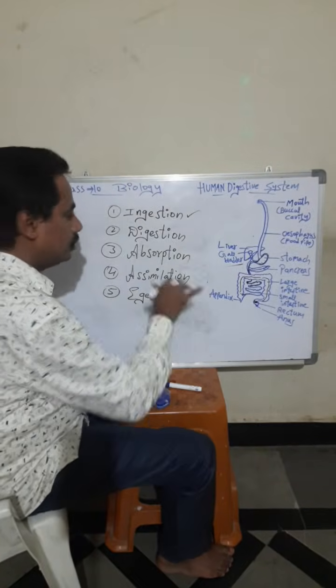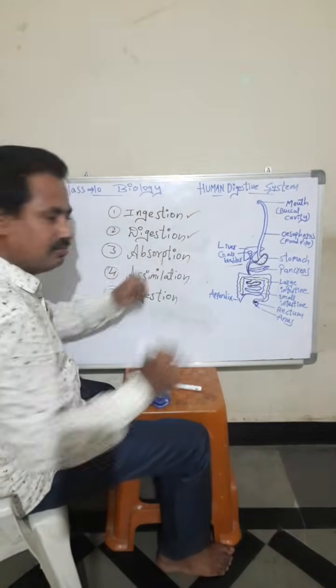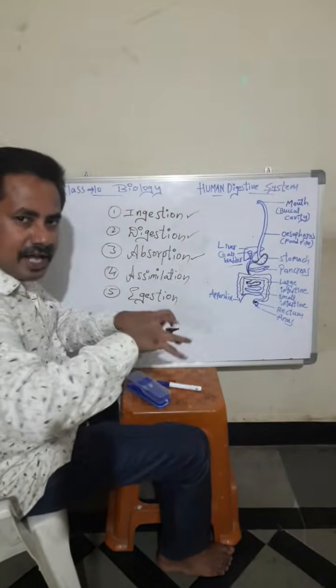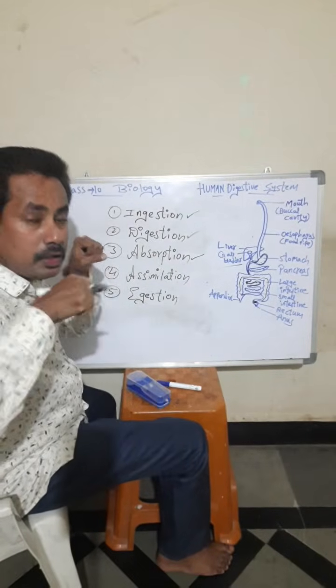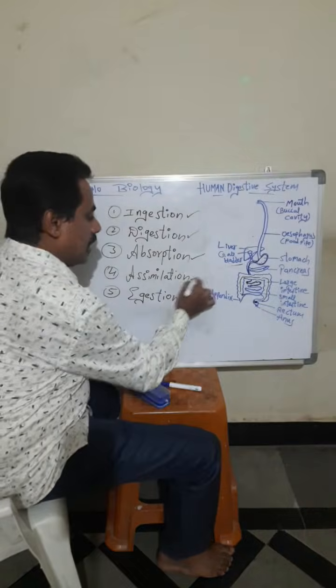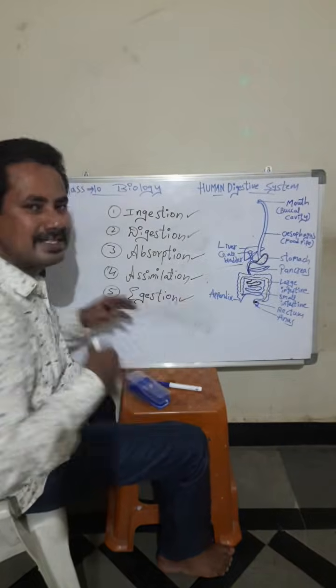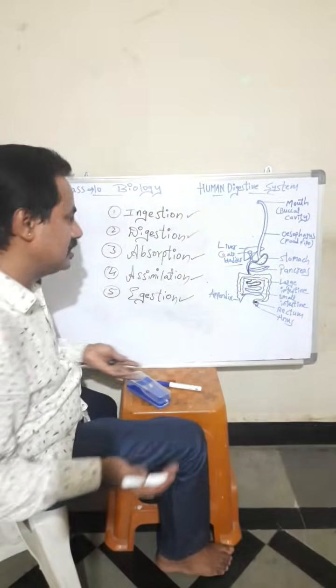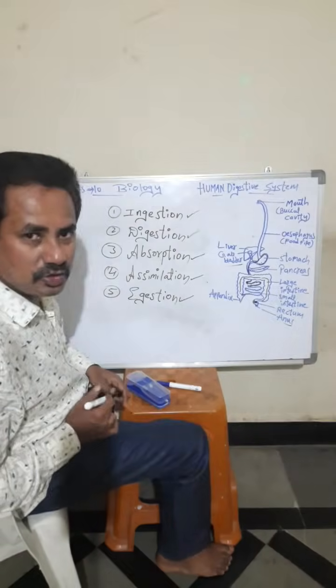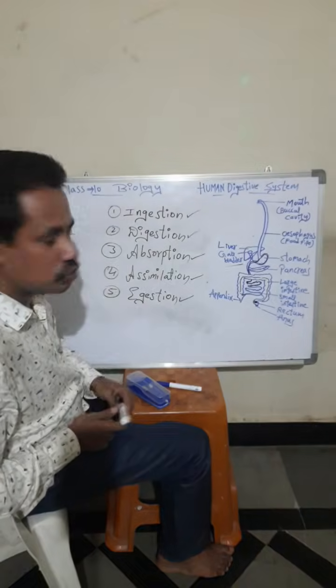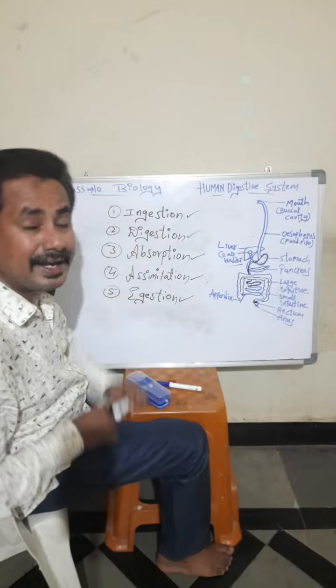Ingestion, digestion. After digestion, nutrients are absorbed, and that food is used for various activities, and the waste material is sent outside. Egestion. So this is about the human digestive system. There are still so many things in depth.